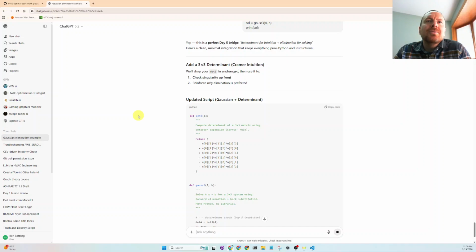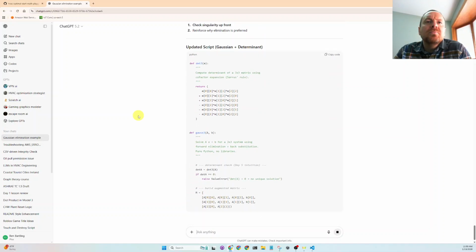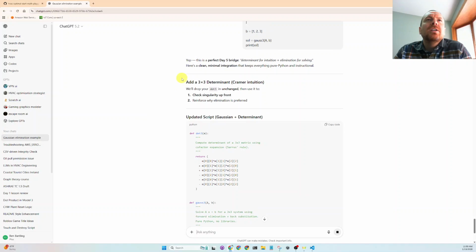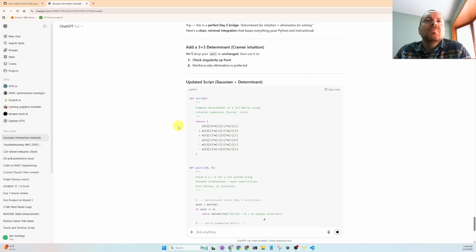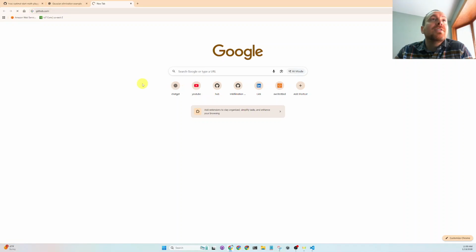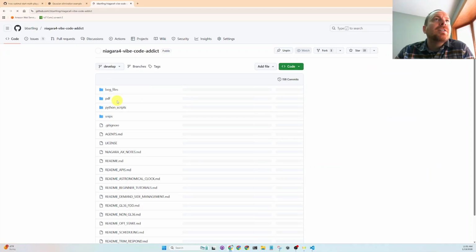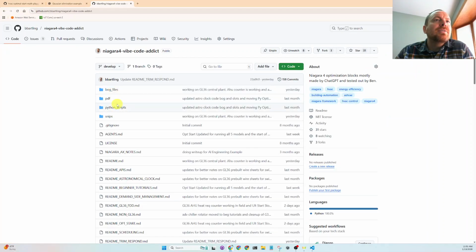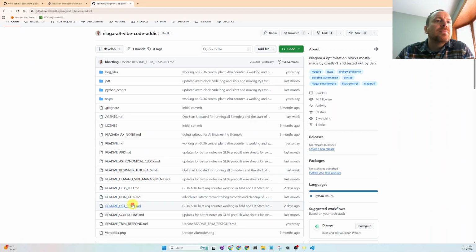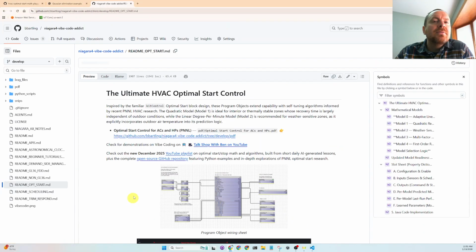All right, so yes, this is a perfect Day 5 bridge. So I might even look into the vibe coder repo, because I know this code lives exactly in Java land.